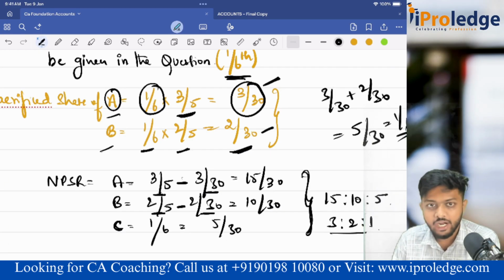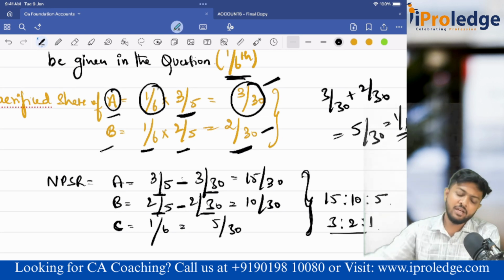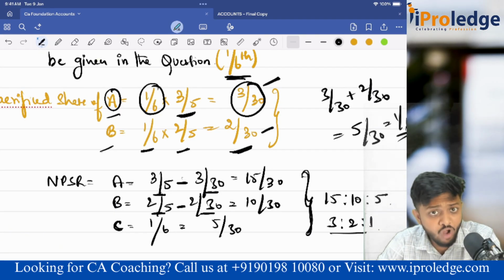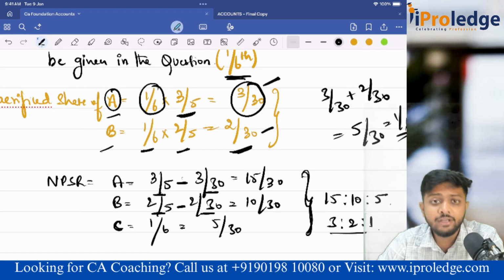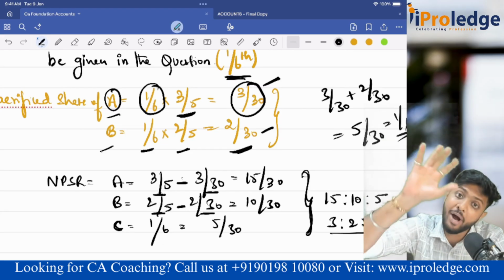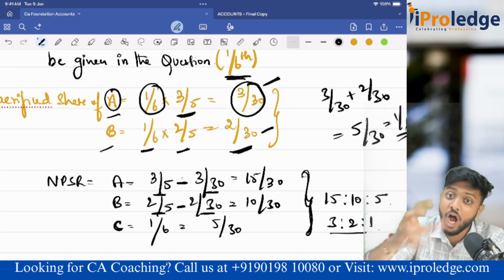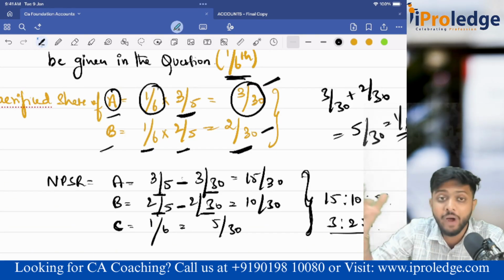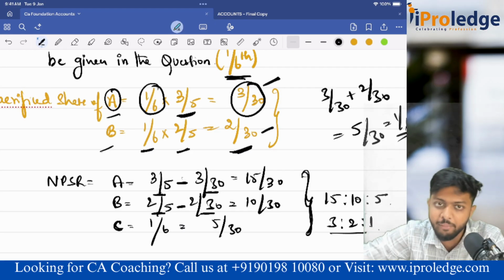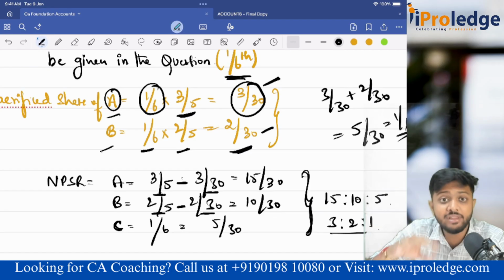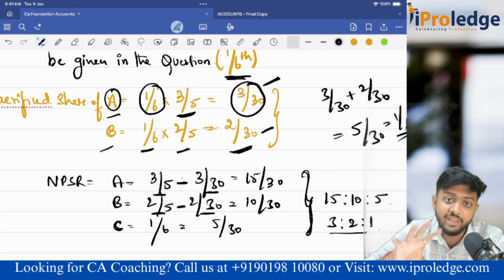Understood? All of you? I hope you have understood. What did we do? If the new profit sharing ratio is given in the question, good enough, no work for us. If they have not given it, then we assume the old ratio of the old partners as the sacrifice ratio, and they would have given how much share we are giving to the new partner while admitting him into the partnership, which was 1/6. That 1/6 will be sacrificed by A and B in their sacrifice ratio.